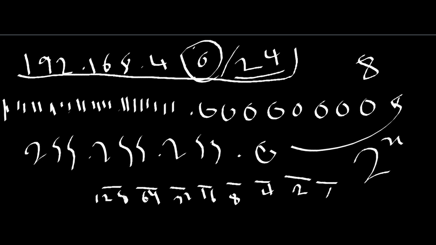So with this model, we can now translate any number we see in any of these octets to binary. So now we understand what to do with the IP addresses.